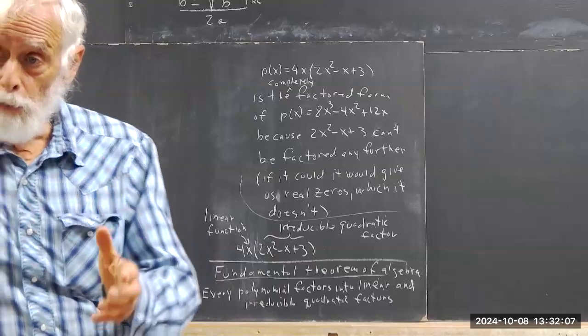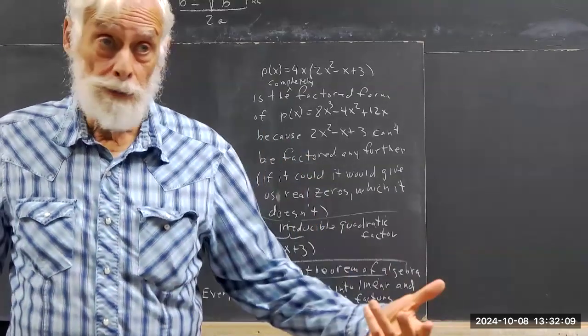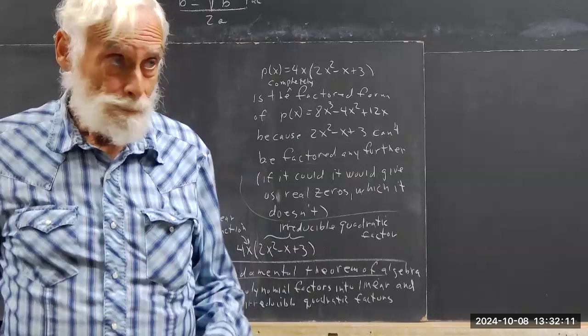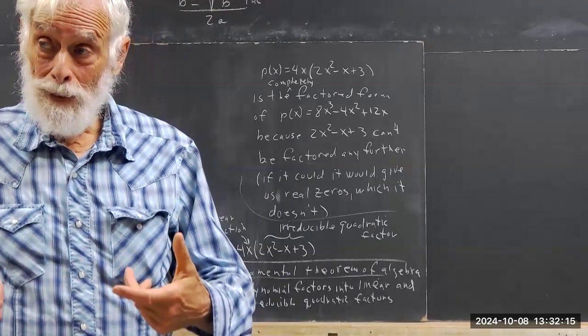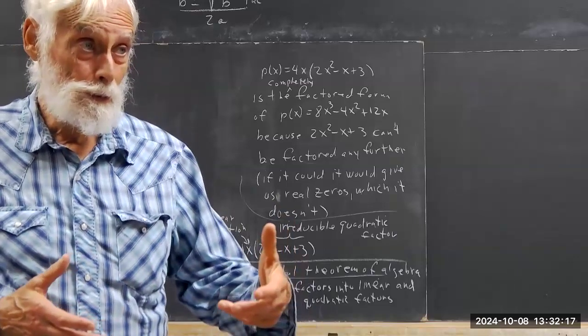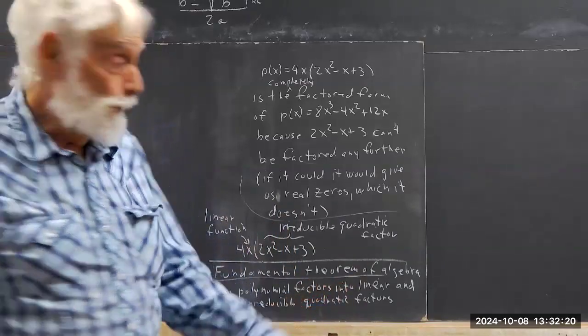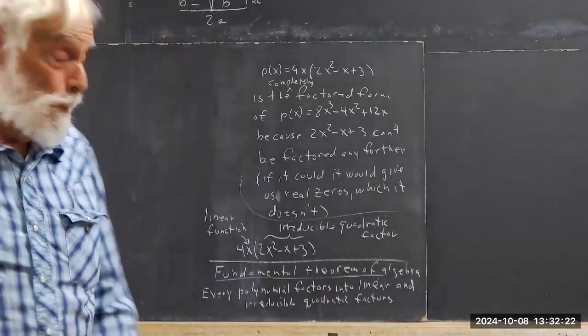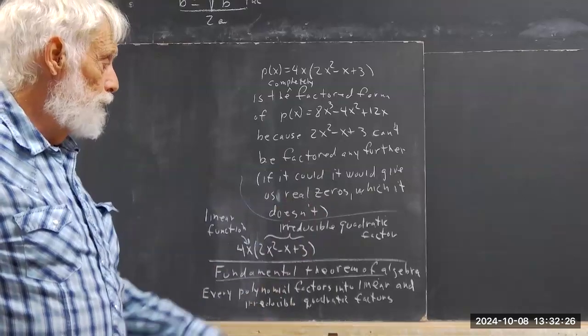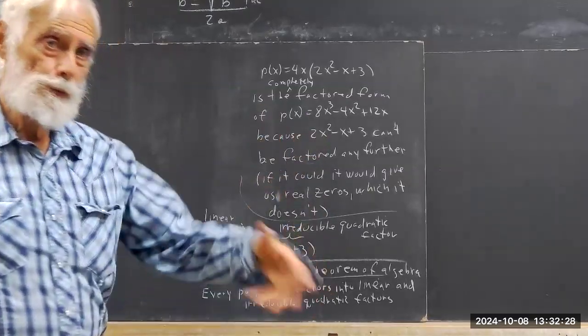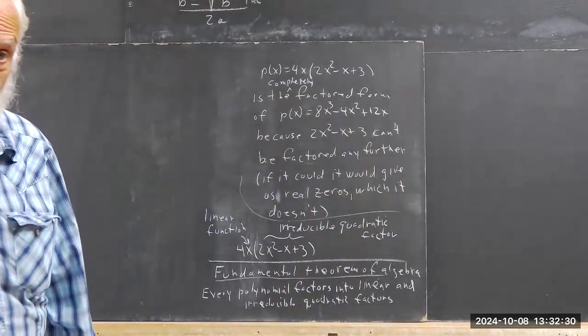If you could, you'd have two factors whose product is 0, and if they're real factors, then each one is going to give you a 0, and there aren't any zeros from this term. That's kind of what I say here. If it could be factored, it would give you real zeros, which it doesn't because we used the quadratic formula to prove that.